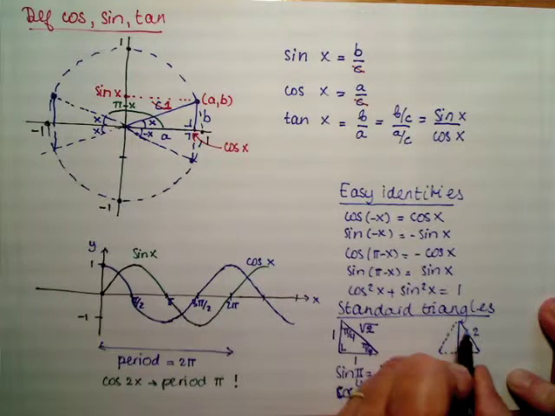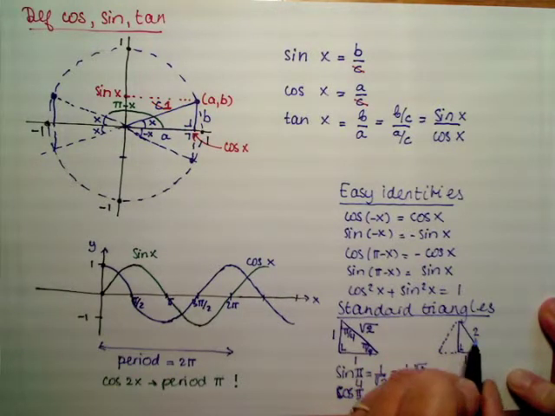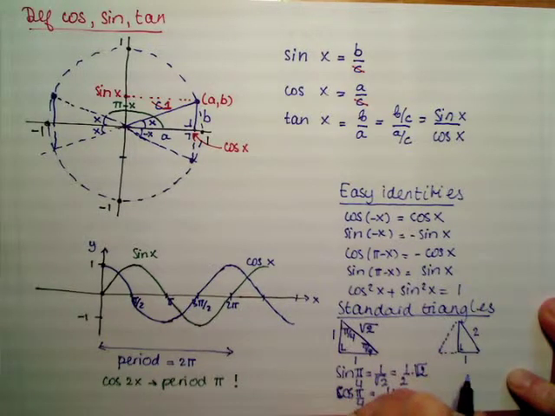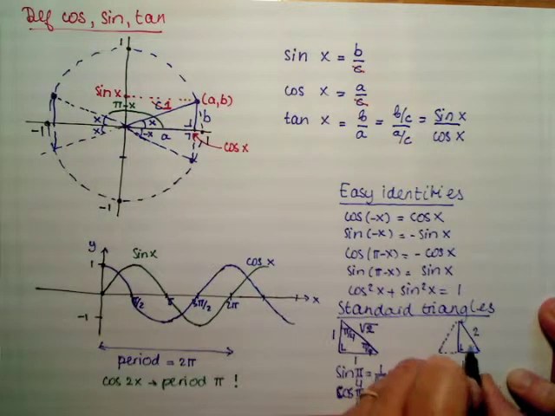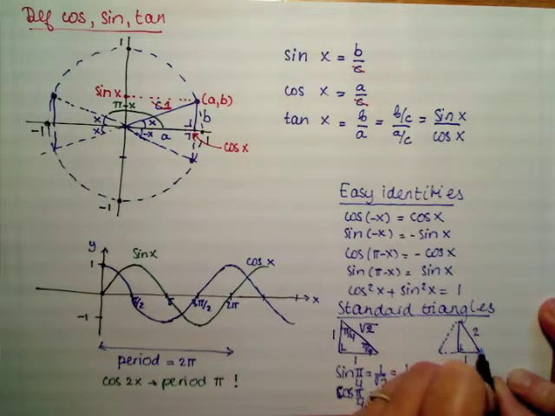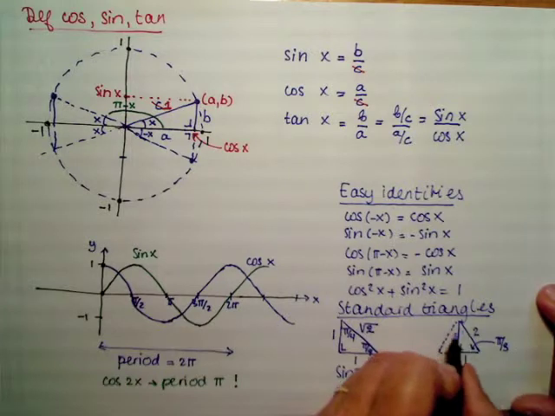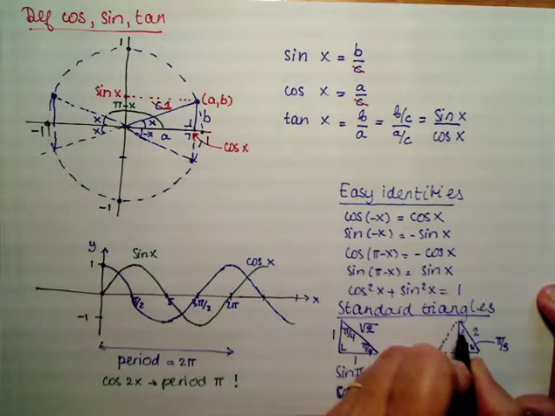The sum of the angles in this triangle is pi, and it has equal angles, so we divide by 3, so we get pi over 3. So this angle is pi over 3. And this one is pi over 3, so half of it is pi over 6.